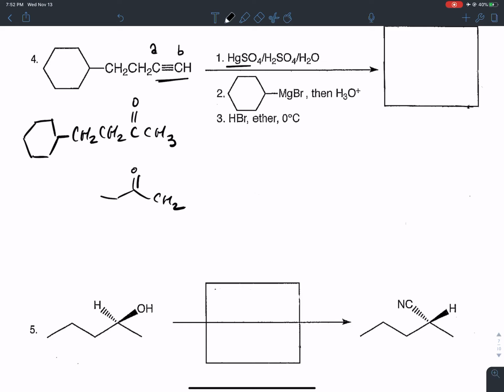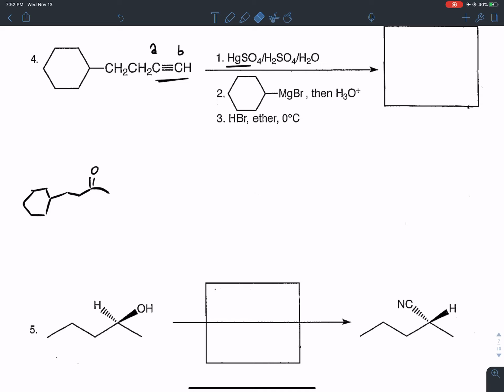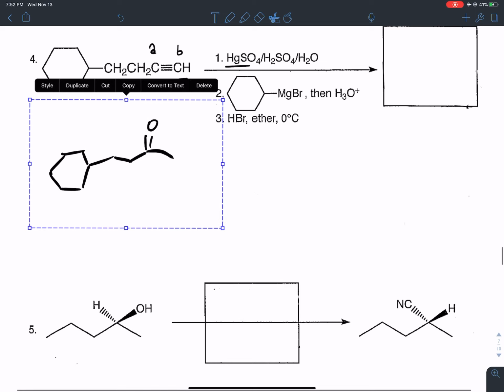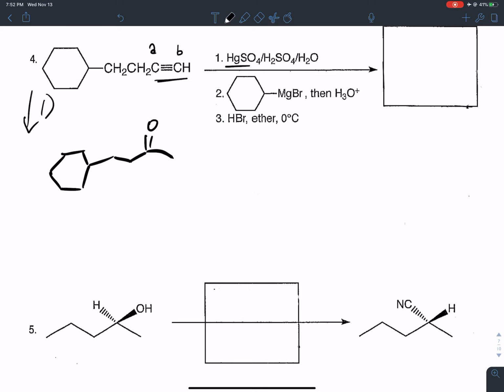It goes from a triple bond to a double bond and adds the OH next to it, but it's so unstable that it immediately switches over to the ketone. So we end up with our ketone. I'm going to go ahead and convert this into line angle since we're about to do some Grignards. I don't love structural formulas. It's a little harder for me to look at, so I like to just convert it to line angle. That's the product of our step 1.